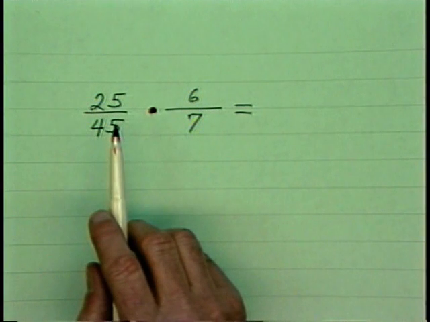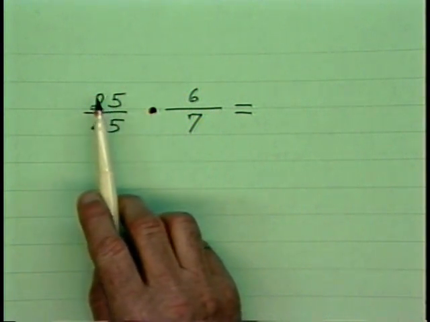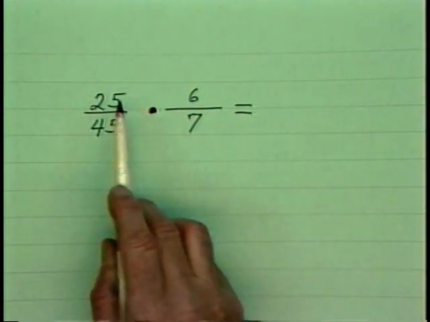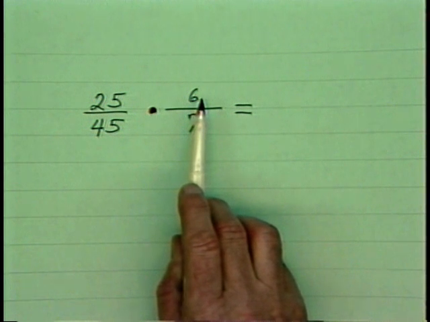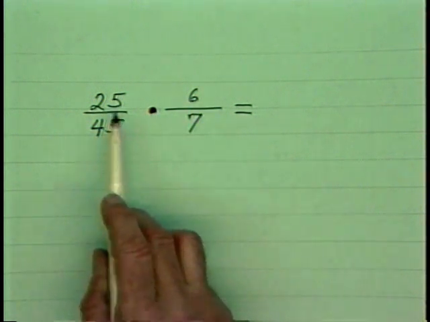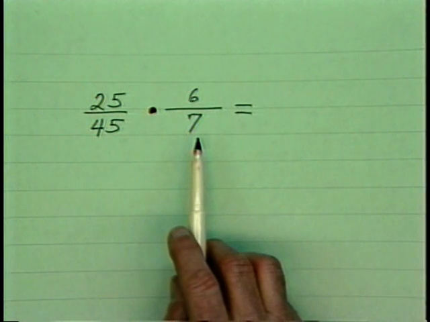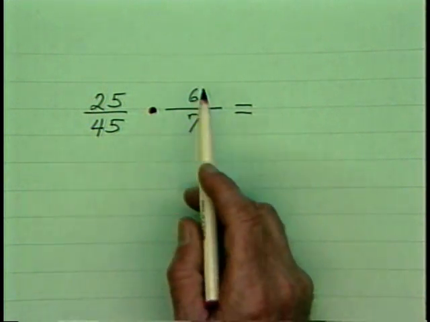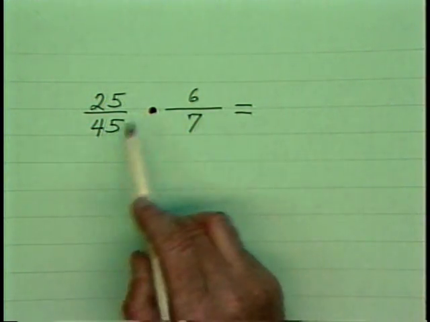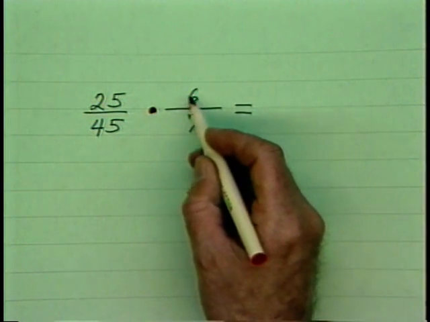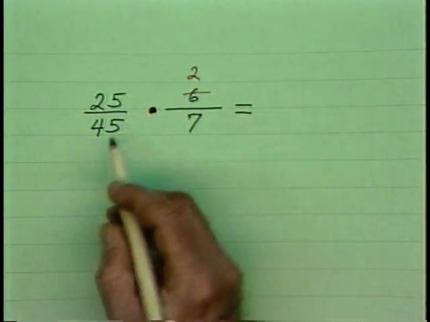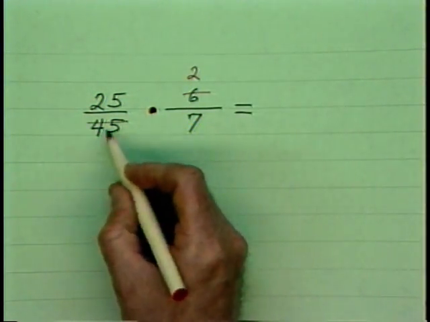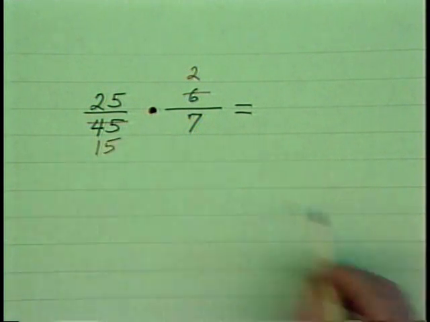That is, I may divide any amount I want to any top multiplier, providing I divide the same amount into some bottom multiplier. So you might note here that I can divide each of these by 3. 3 goes into 6 twice. 3 goes into 45 15 times.